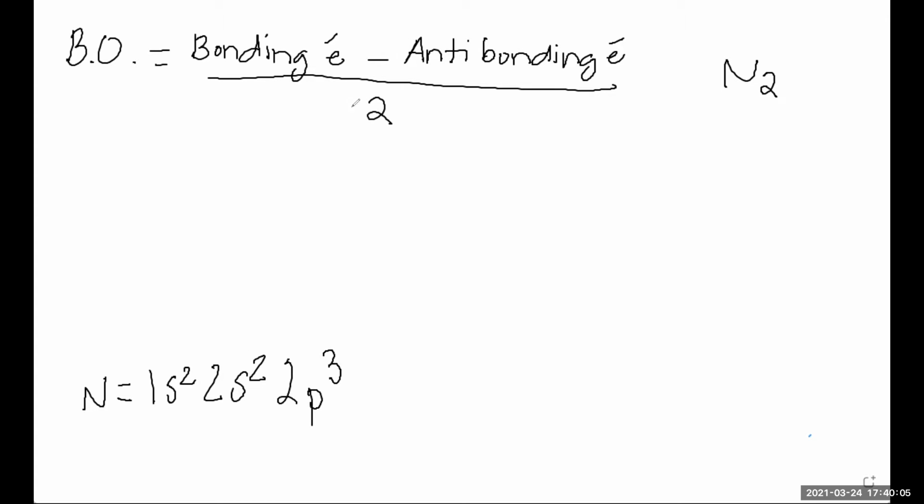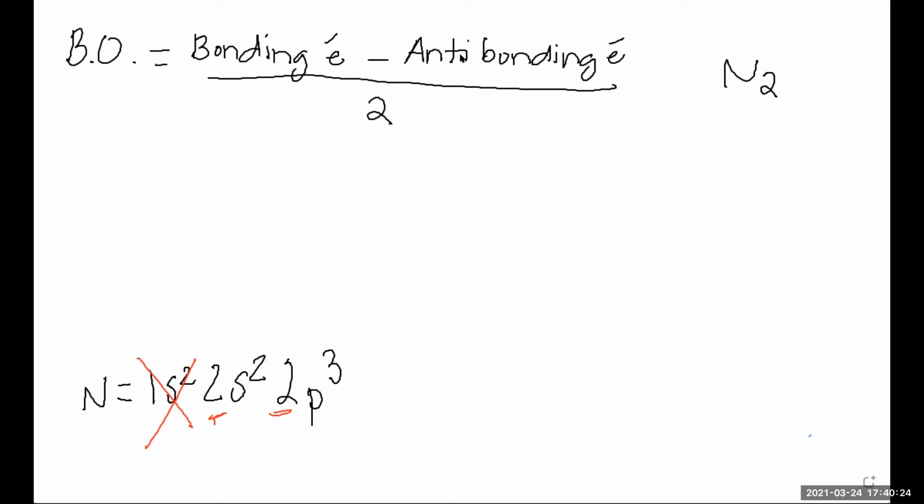When we're doing our molecular orbital diagram, the only thing that we're going to take into consideration is the highest level. In this case, 2 is going to be your highest level. So we're not going to take into consideration that 1s2.